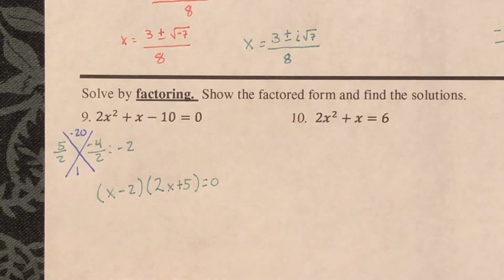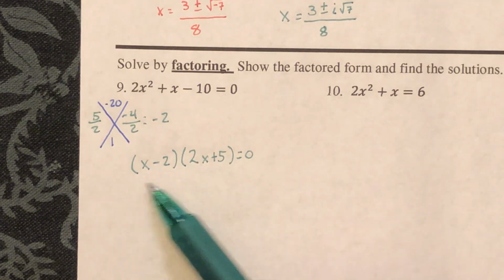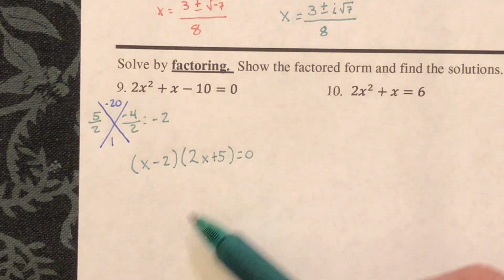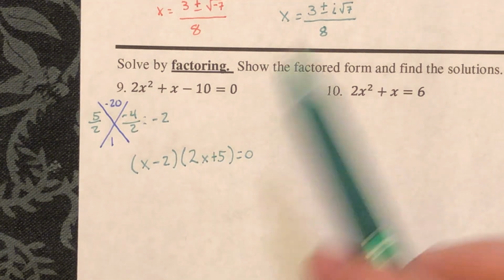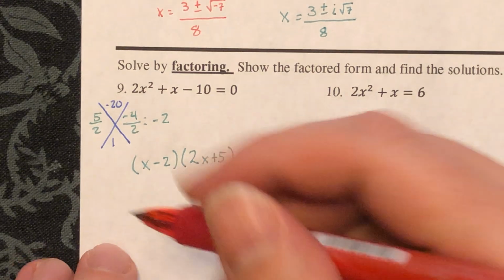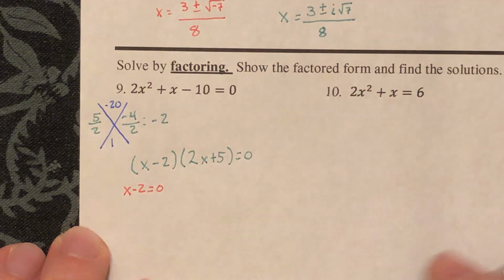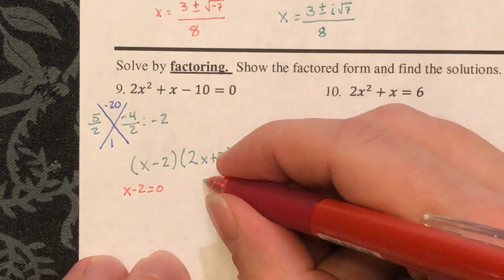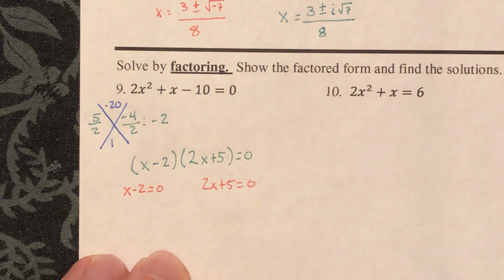So that equals 0. Once you have it in factored form, which is what this is, I can now set each of these factors equal to 0. So here I have x minus 2 equals 0, or I've got 2x plus 5 equals 0.